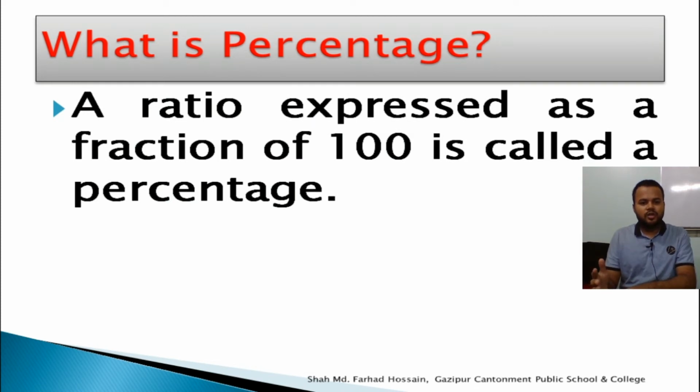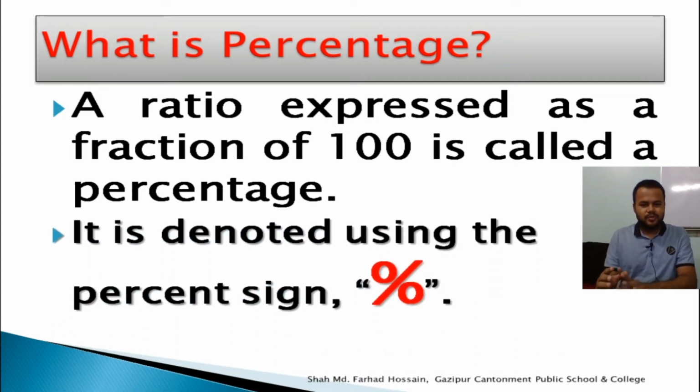A ratio expressed as a fraction of 100 is called a percentage. This percentage is denoted using the percent sign, this red color notation.